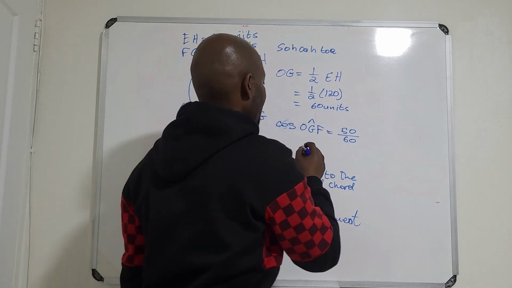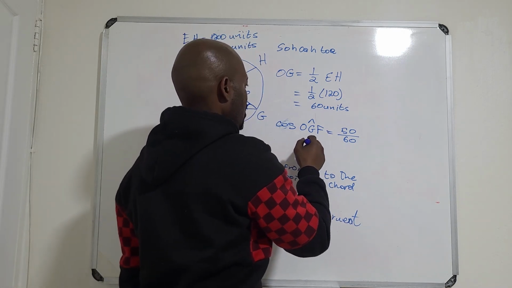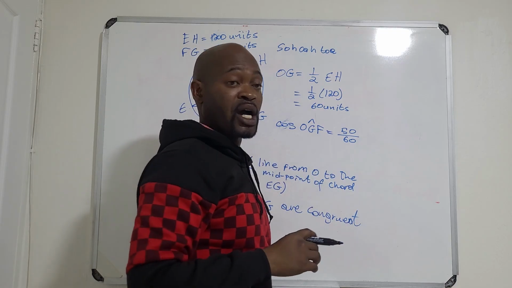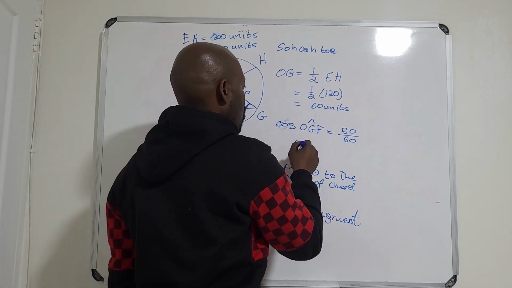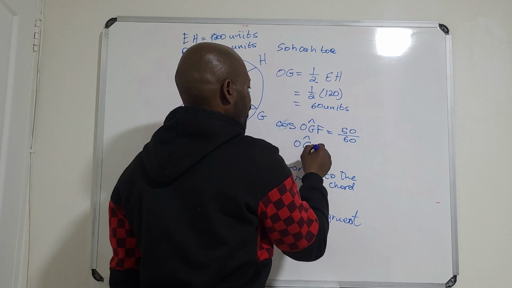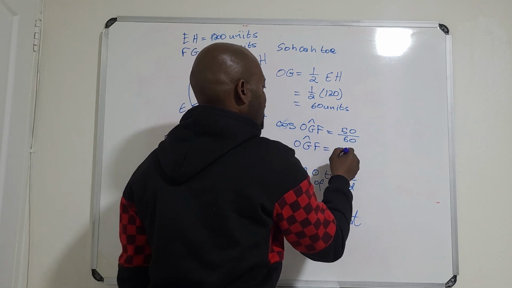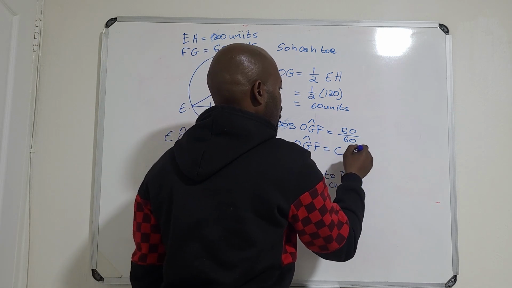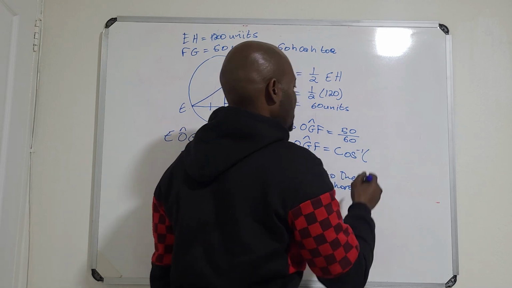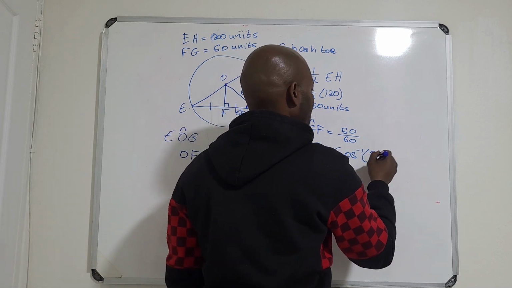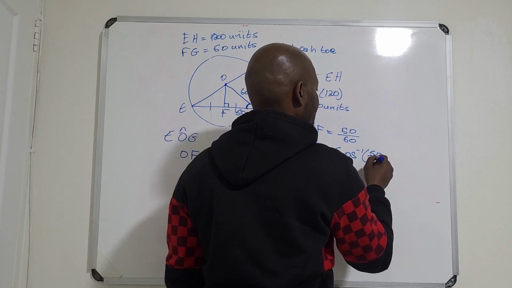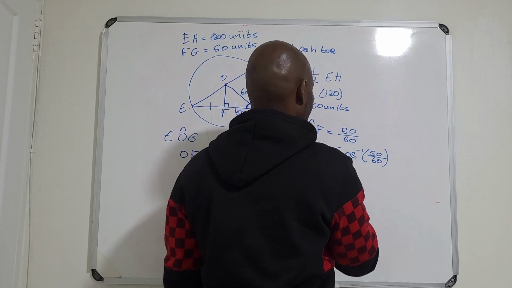Now, obviously here, we are going to use our calculator to find angle OGF using the second function. In our calculator, second function, 50 over 60.